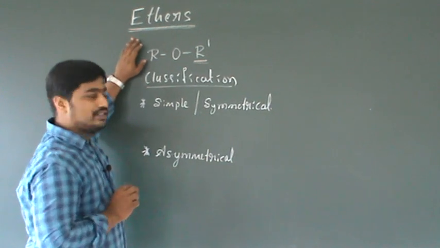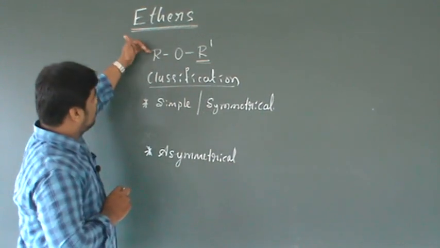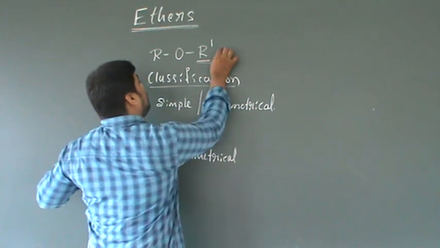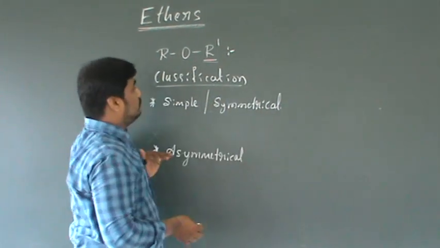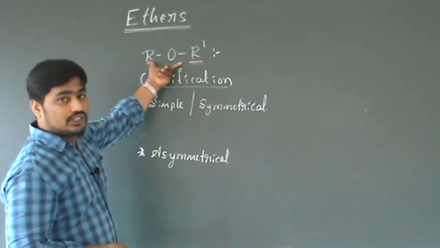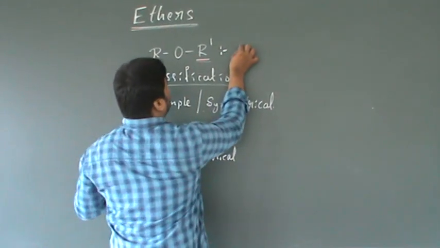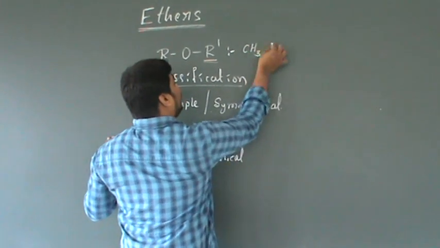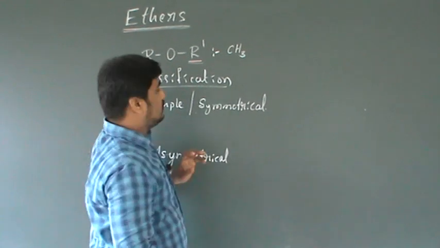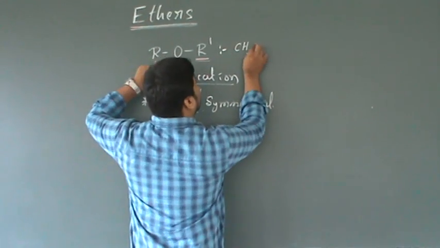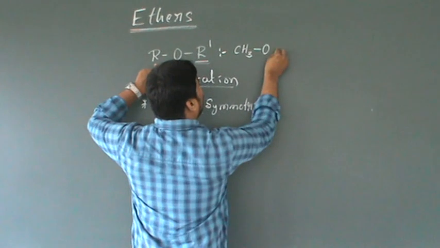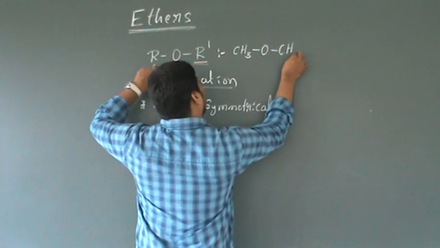Consider one example based on this general formula. Methyl group is considered in place of R: methyl, O, again methyl.